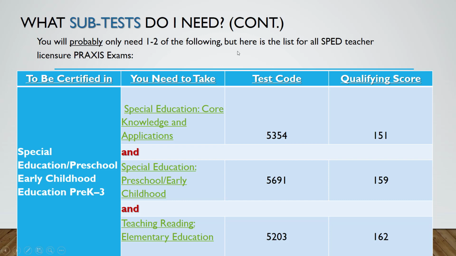You only need one or two of the following, but here's a list of these exams. To qualify for special ed, preschool, early childhood education, pre-K through 3, if you want to work with the little ones, then you will need to take these 3 exams. As you can clearly see, this one is the same as required for the others. This one and this one are different. Here are the test codes and the qualifying score that you must get to become certified.